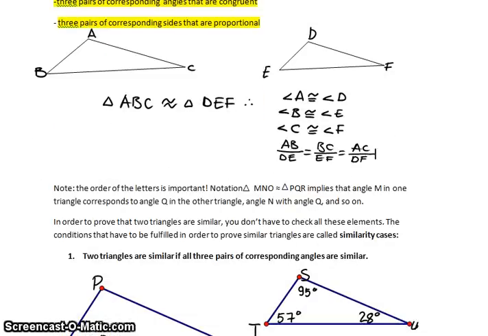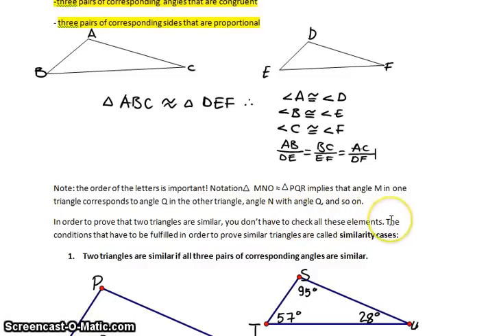I typed here in this note the same explanation, just using different letters to make it clear that the order in which I write the letters is important. Now, in order to prove that two triangles are similar, you don't have to check all these elements.